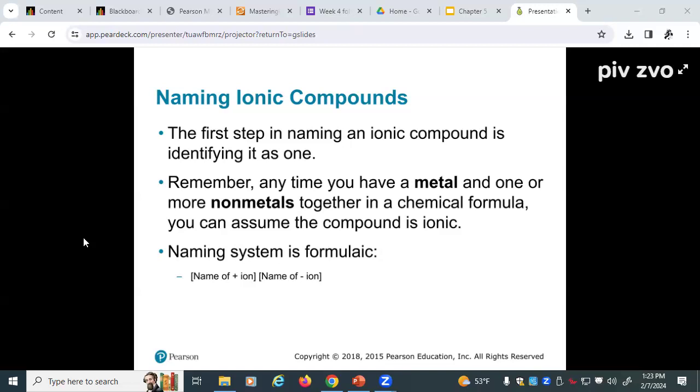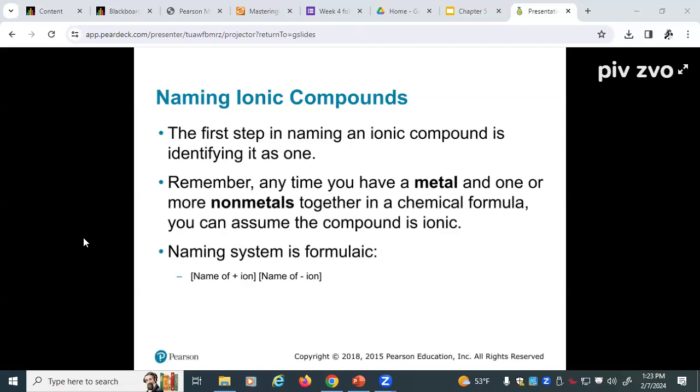And we already talked about a couple of ways to do that. First and foremost, if you can identify a metal and a non-metal in the compound, chances are really good we're talking about an ionic compound. If you can't, then you need to look for other signs.